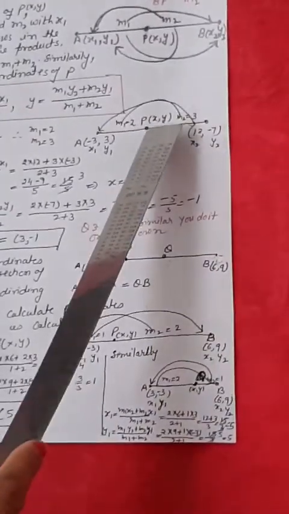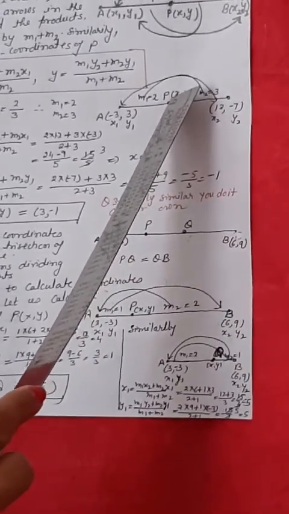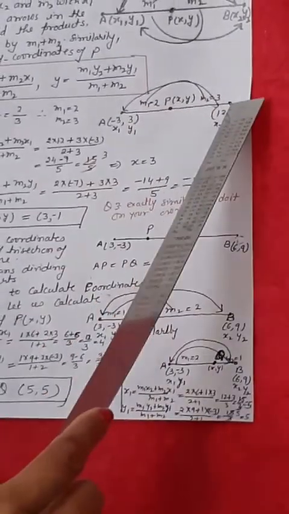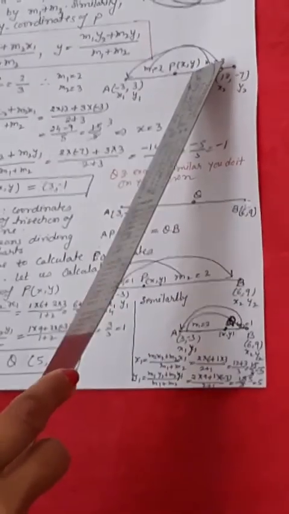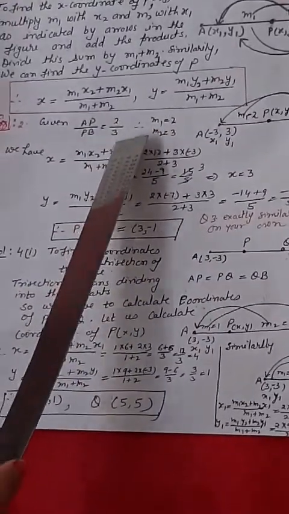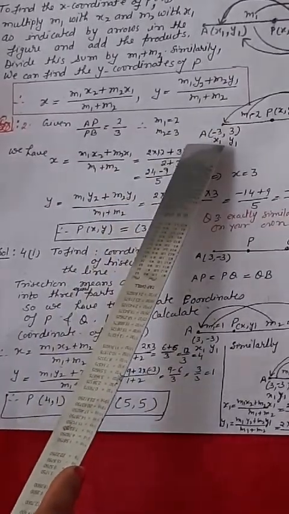AB is the line and P is the division point. The question says that P is a point on the line AB, so you can take this point P anywhere inside AB. Let us say P is x, y, and the ratio AP upon PB is 2 is to 3. It means M1 is equal to 2, M2 is equal to 3.